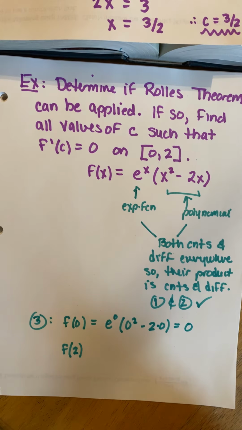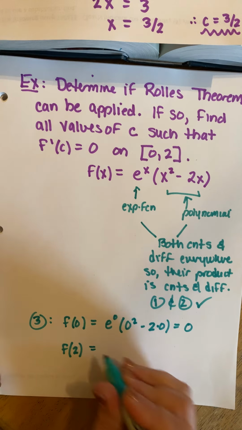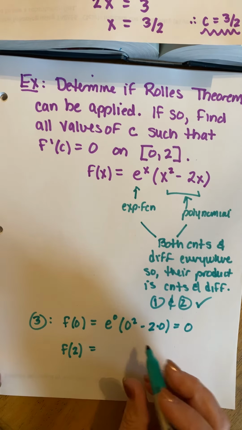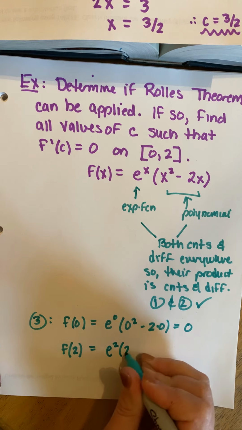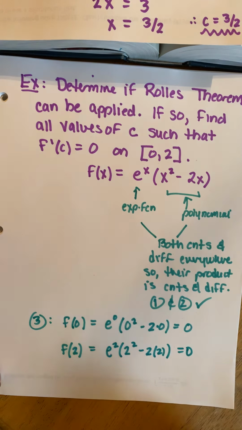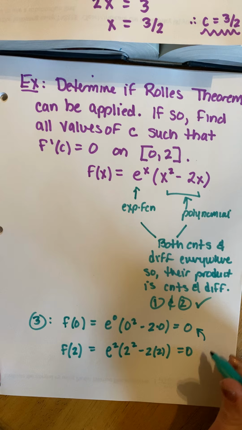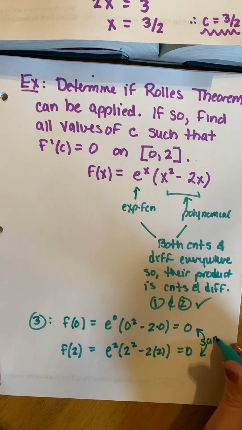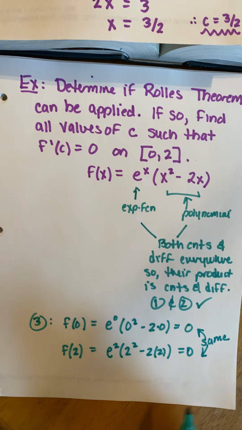Just a coincidence that both of these have outputs of 0. I meant this in the previous example. At 2, we're at e to the 2 squared minus 2 times 2, and that also equals 0 because this is 4 minus 4 inside there. So these are the same. They don't have to both equal 0. Again, that's just a coincidence.